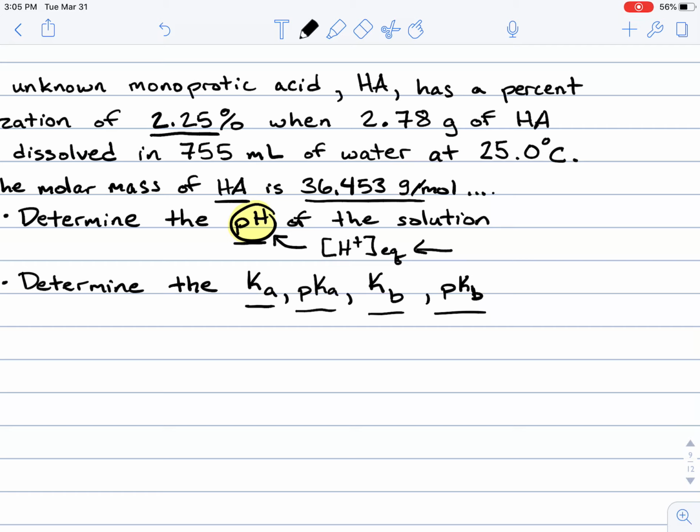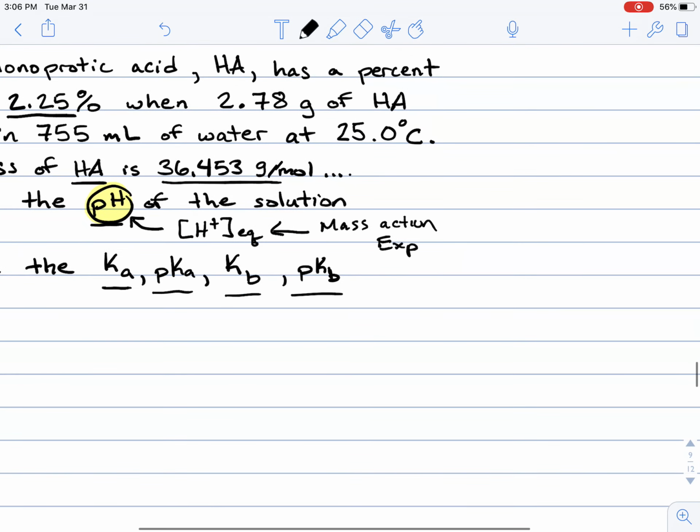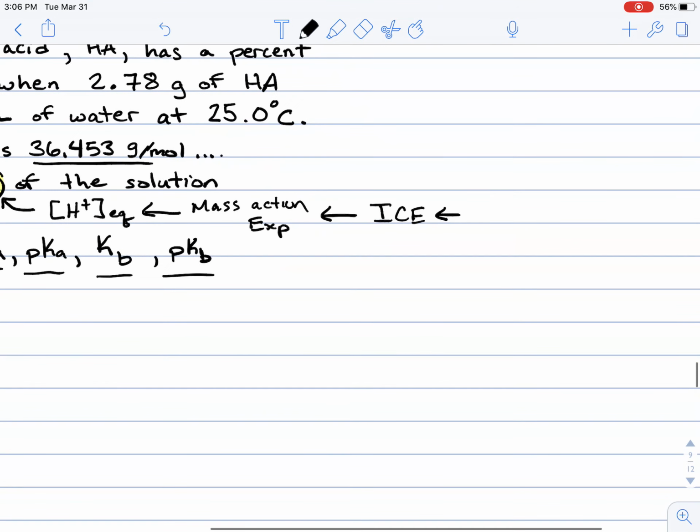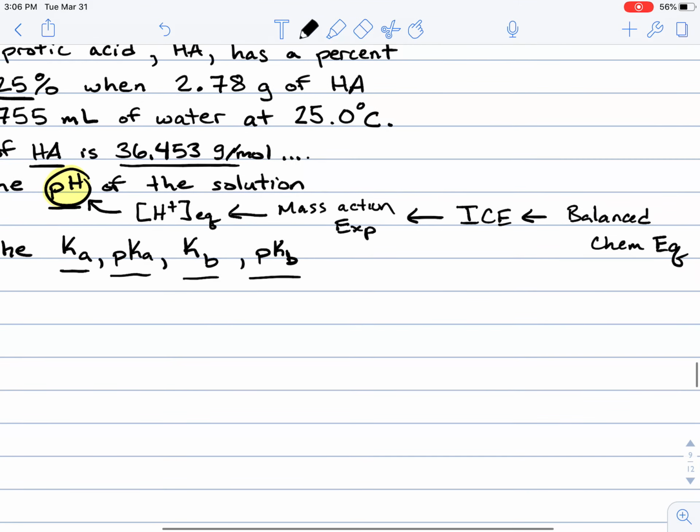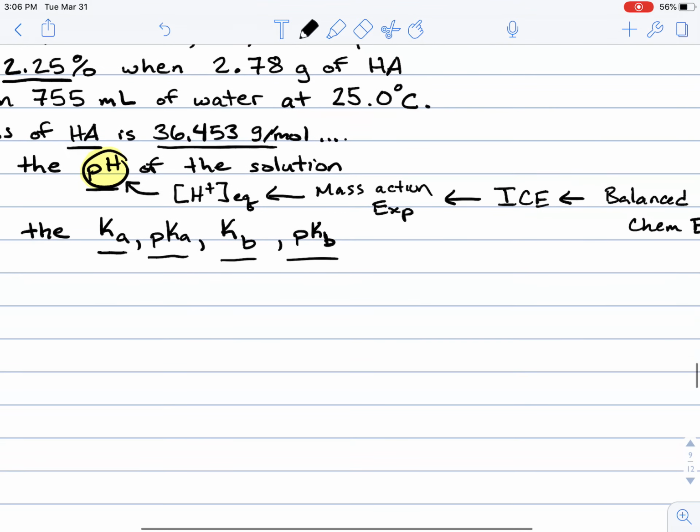And for us to do so, we need to determine the value of the change from the mass action expression. And for us to develop our mass action expression, we need an ice table. And for us to develop our ice table, we need a balanced chemical equation. And so if we perform these general steps, we should be able to determine the pH of the solution.